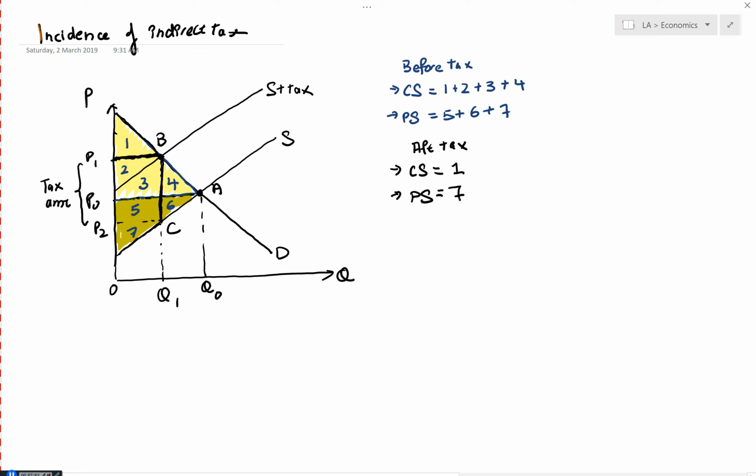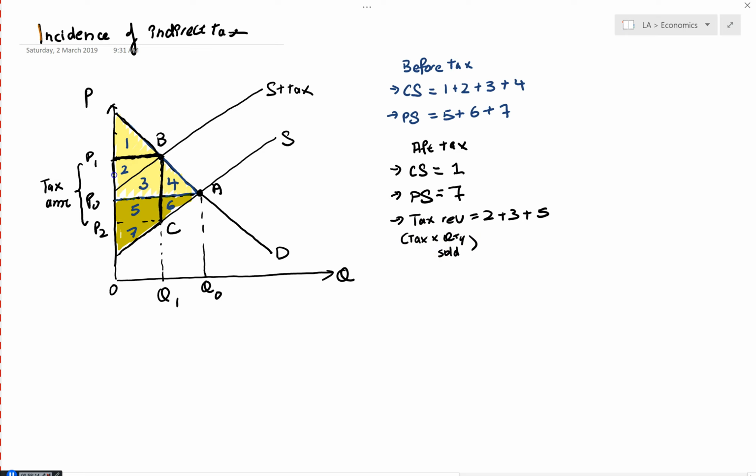Why? Because the areas 2, 3, and 5 is given to the government. Tax revenue. Two plus 3 plus 5. Tax revenue is what? Tax amount times quantity sold.